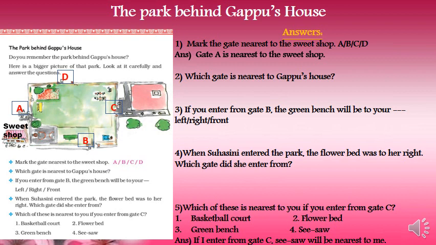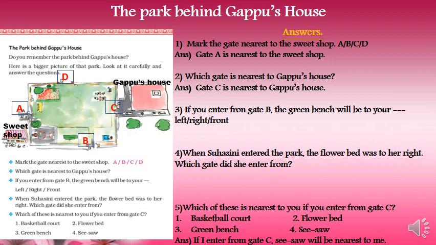Next, which gate is nearest to Gappu's house? Children, can you find where Gappu's house is? Very good. Here is Gappu's house. So, which gate is nearest to Gappu's house? Excellent. Gate C is nearest to Gappu's house.